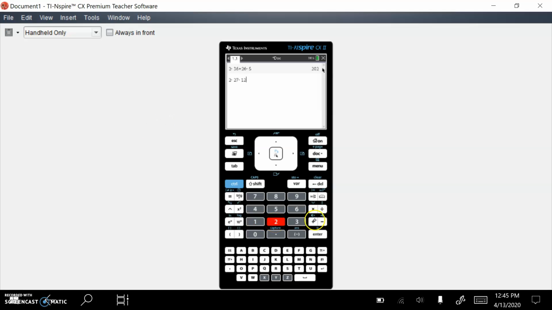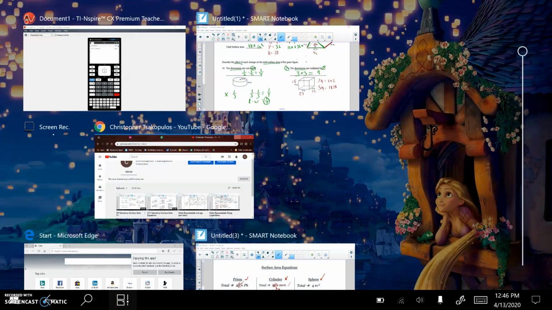That's 2 big B plus the perimeter. 27 plus 12 is 39, 78. The perimeter is 78 times the height of 15. And it's 1818. So if I change the dimensions by 3, then the surface area is changed by 9 times.